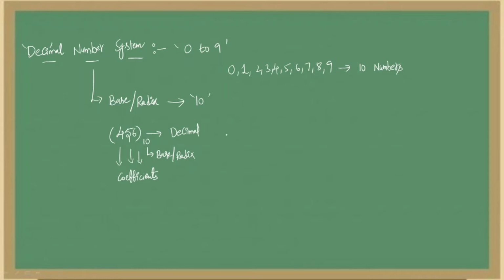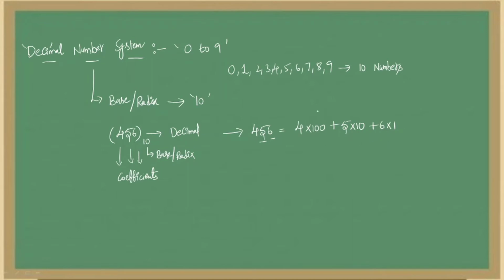Now how can I represent 456 in another way? 4 is in the hundreds place, hence I can write 456 as 4 times 100, plus 5 is in the tens place, so 5 into 10, plus 6 is in the ones place, so 6 into 1. If you add all these three products, you will get again 456.